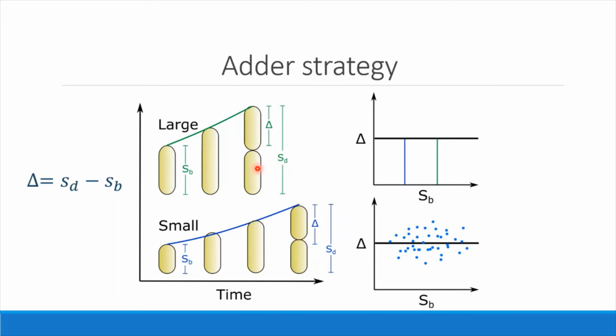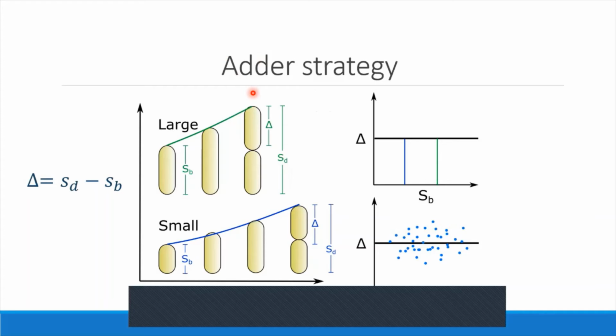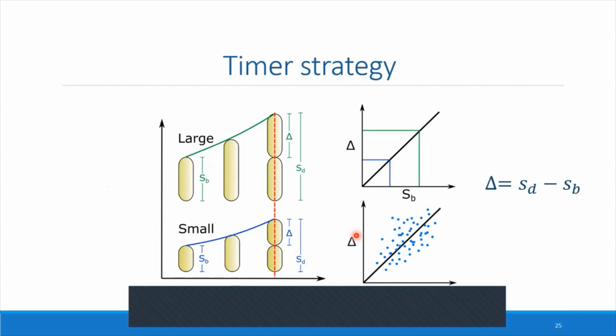The adder, as I explained before, tells you that bacteria add a size before division that doesn't depend on the size at birth. On the other hand, the timer strategy tells you that bacteria wait a given time to divide. So if you get born large, you're going to divide larger, and if you get born small, you divide smaller, not smaller than considering, for instance, the adder strategy.